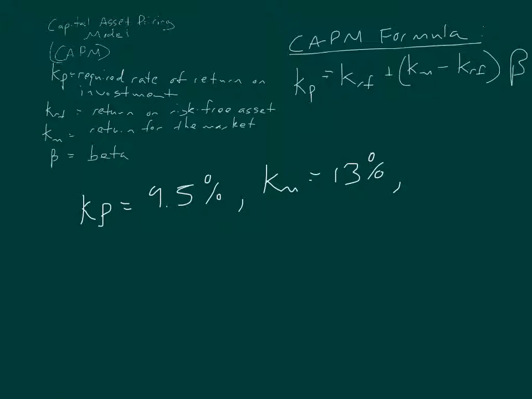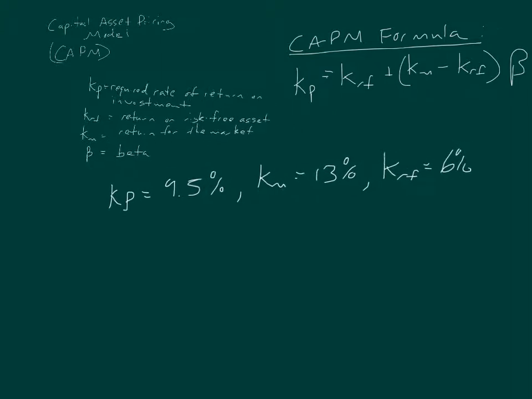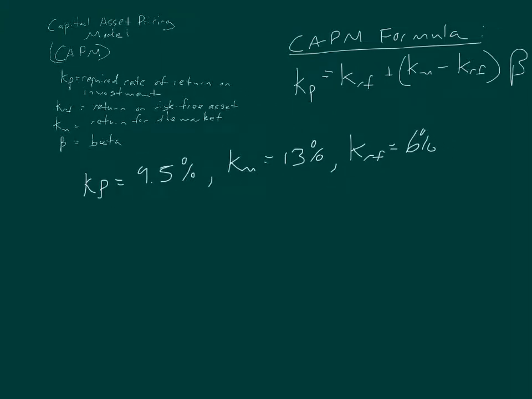And we have the risk-free rate of return equaling 6%. Okay, so that's what we're starting with. So how do we solve for beta? Okay, we don't know what beta is. Uh-oh, that's a problem. Let's figure out what the beta is in this market.